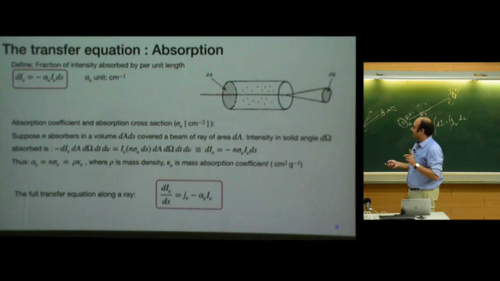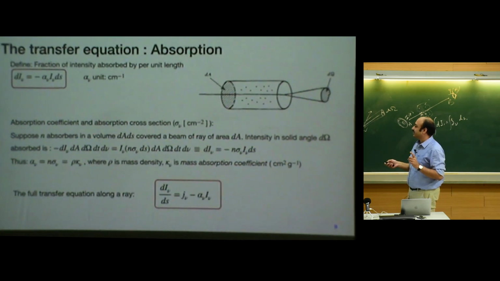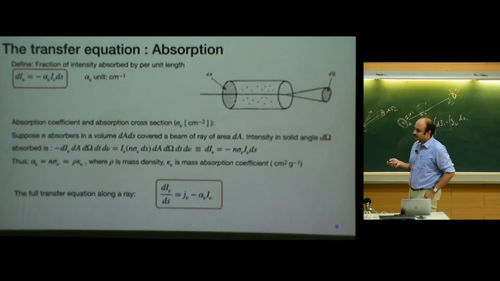This is important to remember because alpha nu is closely related to absorption cross section, sigma, but sigma is per unit area. So do not mistake that absorption coefficient will also have centimeters to the power minus 2. And I'll come to exactly how they're related. But this is how we define alpha nu.